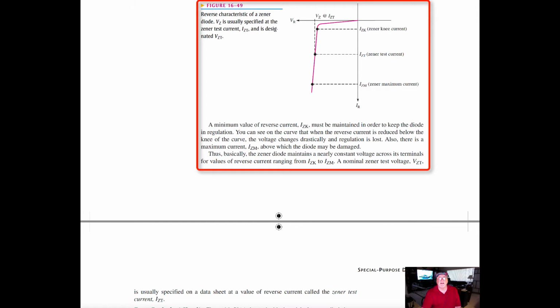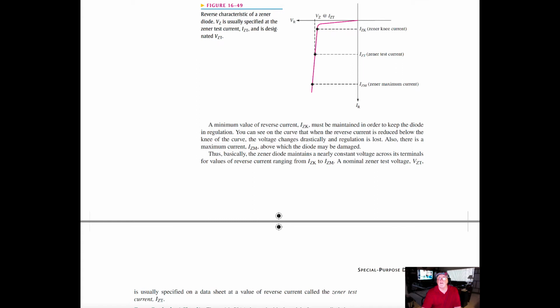Thus, the Zener diode maintains a nearly constant voltage across its terminals for values of reverse current ranging from I_ZK to I_ZM. A normal Zener test voltage, V_ZT, is usually specified on a data sheet at a value of reverse current called the Zener test current, or I_ZT.